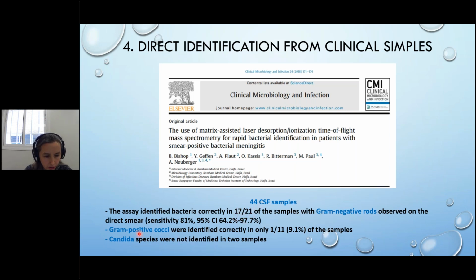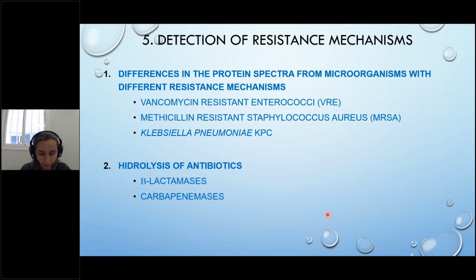It is not so easy for gram-positive cocci, only 1 out of 11, and they couldn't identify yeast in these samples. But it's kind of promising that gram-negative rods were identified. No later paper that I know of has been published, but it's good to know that you can try directly from CSFs. Just very quick.